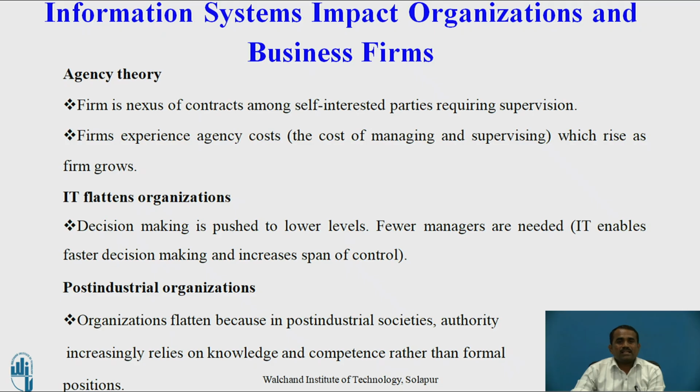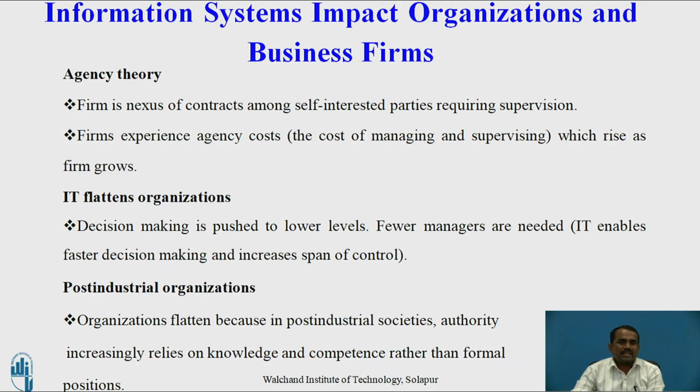So agency theory. What points do we consider in agency theory? First, the firm is a nexus of contracts among self-interested parties requiring supervision. Firms experience agency cost, the cost of managing and supervising, which rises as firms grow. IT flattens organizations: decision making is pushed to lower levels, so fewer managers are needed.